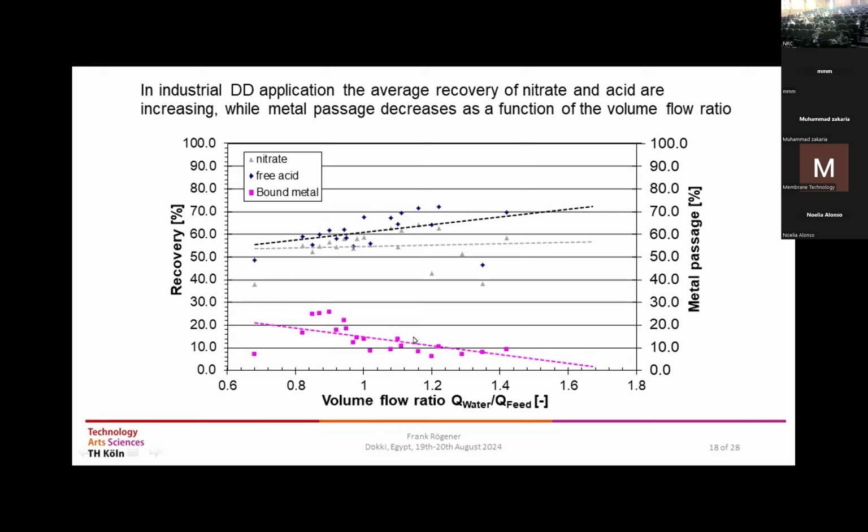So we can see that there is a tendency that the recovery of the bound metals goes down with the growing flow ratio, and the concentration of the protons and the nitrate, for instance, which is an important part of these pickling acids, is increasing.